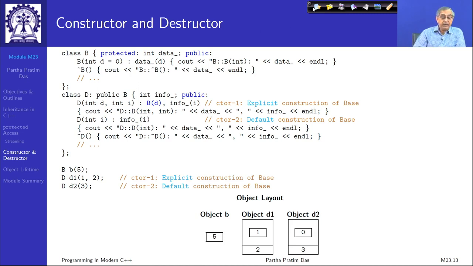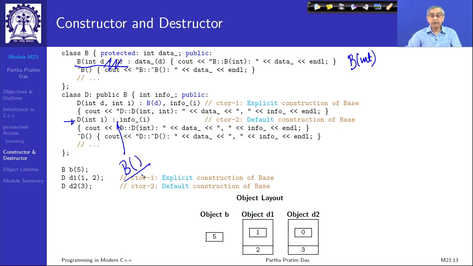It is important to see that suppose here I had given a default constructor in the process. What if I did not write this, did not default this parameter? That would mean I have only one constructor, which is B int. In that case, this constructor, which requires the base default, does not get an appropriate constructor in the base class.